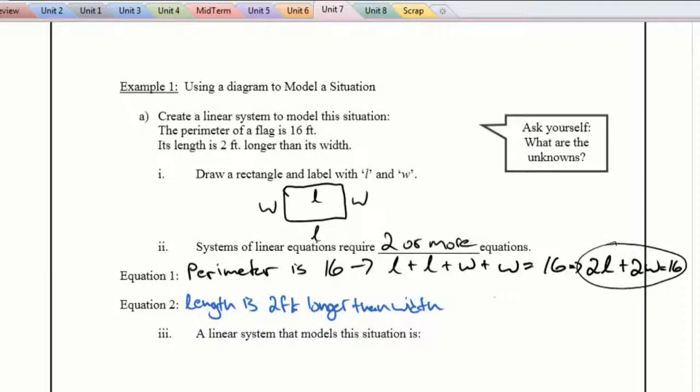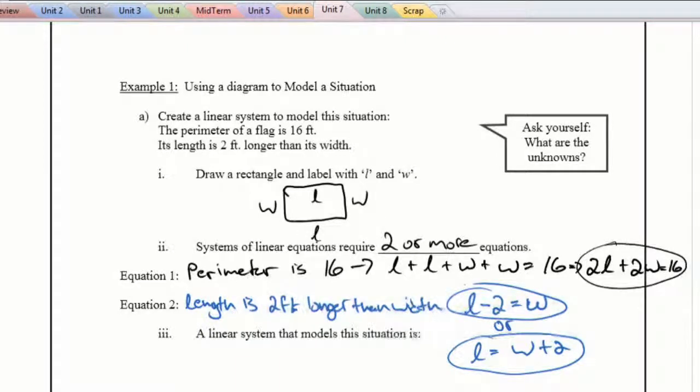You could write it as the length minus 2 is equal to the width, or you could write it as the length is equal to the width plus 2. Either one of those is fine. They're the same thing, just written two different ways. So it just depends on how your brain works. If you read the question, the length is 2 feet longer than the width, you think, okay, length minus 2 is the width. So you come up with this one. Or you could think, okay, length is width plus 2, and you'd come up with that one. It doesn't matter. They're both stating the same thing.